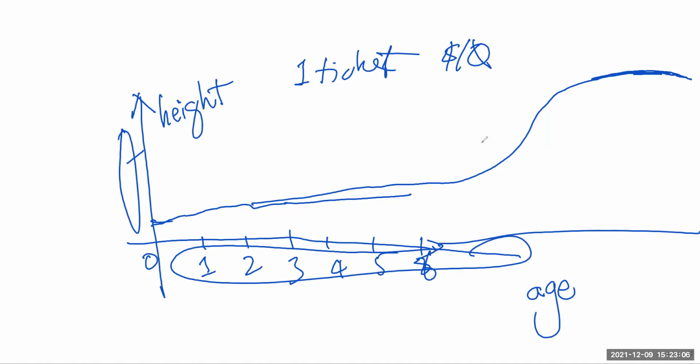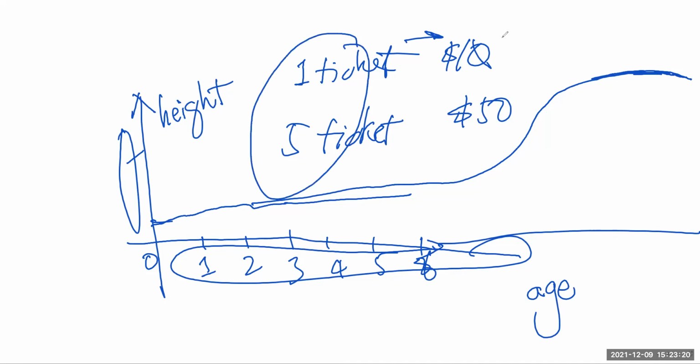You can say, I need 5 tickets. Each ticket corresponds to 10, so for 5 tickets, I need 50. So that's also two sets of data: one is the number of tickets, one is the cost. That shows you a function. We see that in real life a lot.